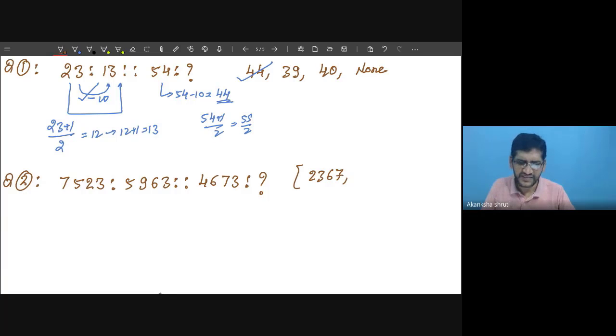The other one is 2507, 2981 and none is the last one. What is the correct one? Though the numbers appear quite big, we have to observe it carefully. In such bigger numbers, multiplication, division is quite difficult. So you only have to think for the difference and you have to match with the answer.